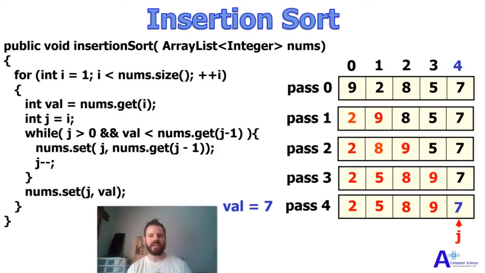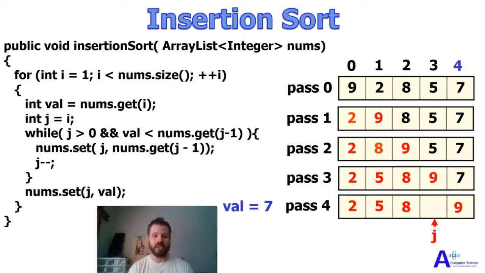And we'll compare: can j go down, and is what's below j greater than 7? It is. So we're going to move the 9 up to the spot at j. We're going to move j down by 1. And then we'll do that same comparison. Can j go down? Yes, it can. Is what's in the next lowest spot greater than val, which is 7?